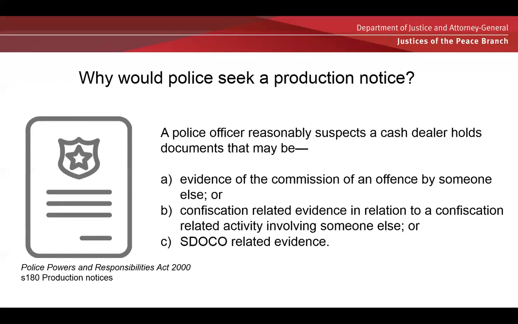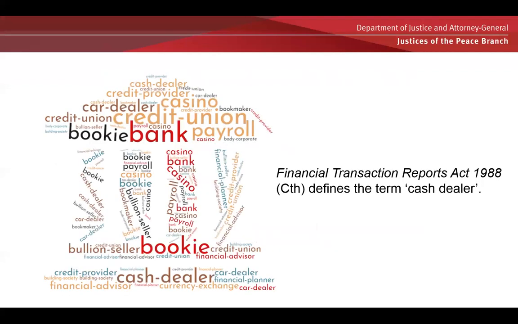But what exactly is a cash dealer? I can hear you all asking that question. Under the Commonwealth Financial Transaction Reports Act 1988, the definition of cash dealer is very broad, but it includes, and isn't limited to, a financial institution, that's a bank, a credit union, a body corporate, an insurer, a payroll delivery service, a casino, or even your local bookie.